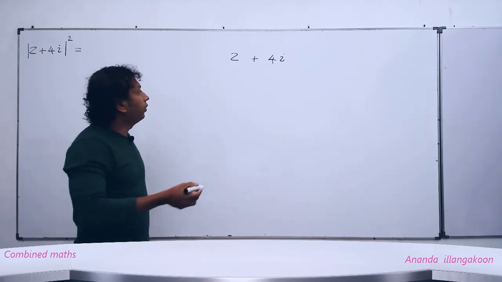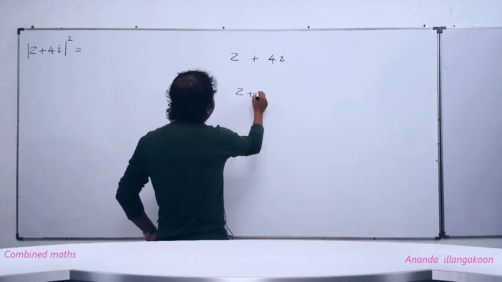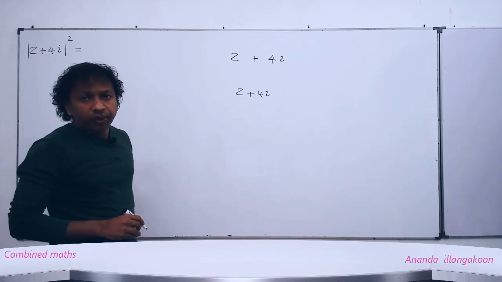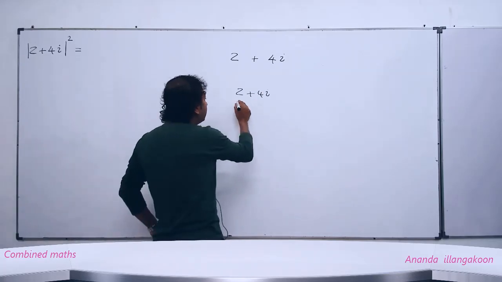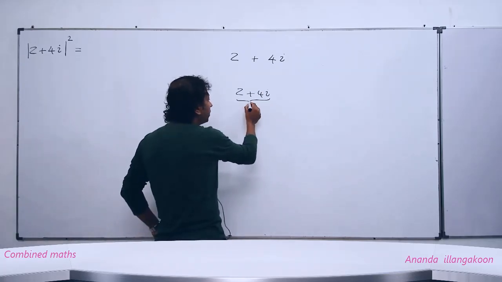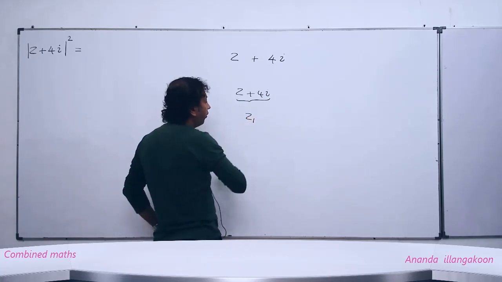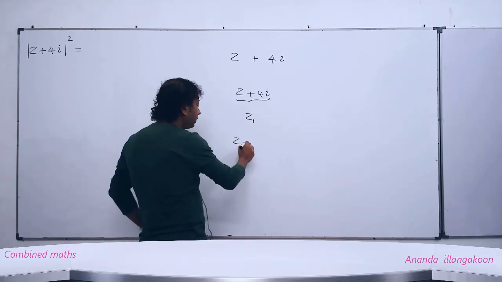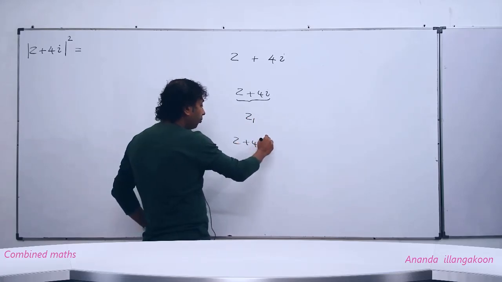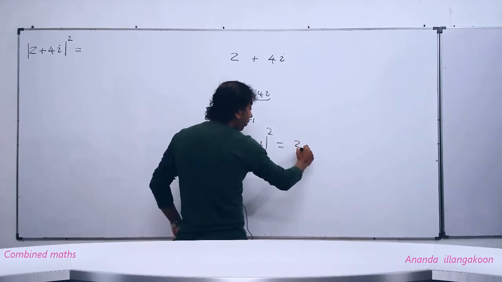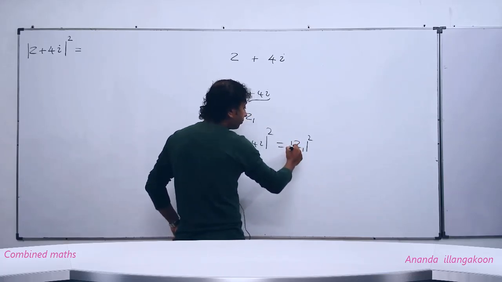So therefore, this z plus 4i is a complex number. Now, if I take this whole z plus 4i complex number as z1, now z plus 4i modulus squared means, people, z1 complex number modulus perfect square. This is what is asked really.